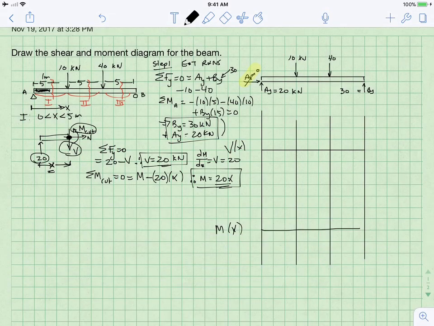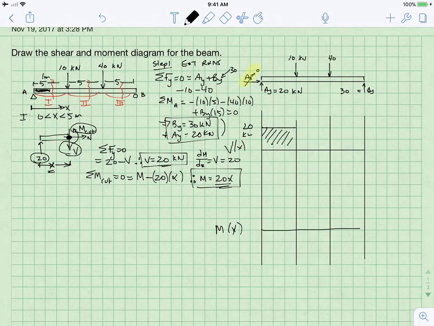So let's take a look at the shear and moment diagram that I've laid out here. What we've just found, if this is a value of 20, and this is kilonewtons, is that shear is a constant of 20 in this segment between 0 and 5.